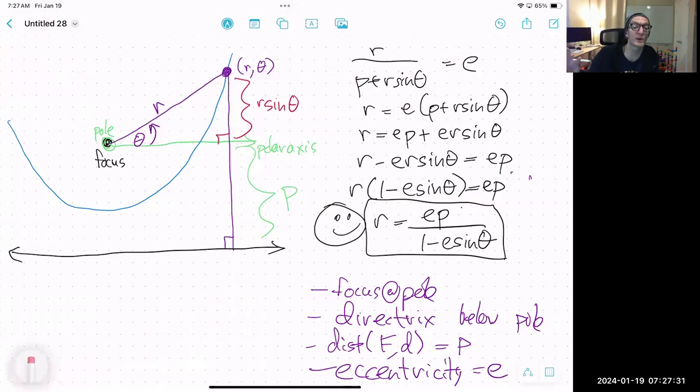Okay, so what do we have? We have basically four equations in polar coordinates. They all have an E and a P parameter in them. E is just the eccentricity. P is just the focus-directrix distance. And the four equations are all just the four possible orientations of the directrix with respect to the pole and the polar axis.